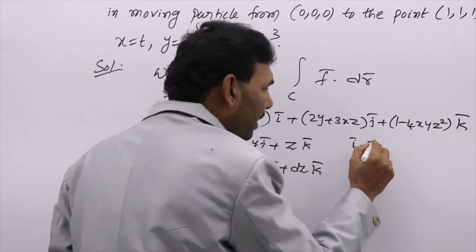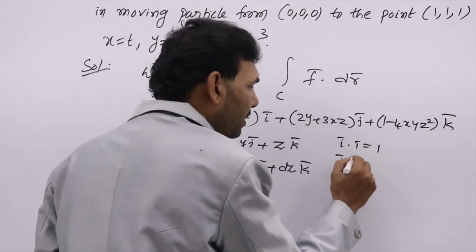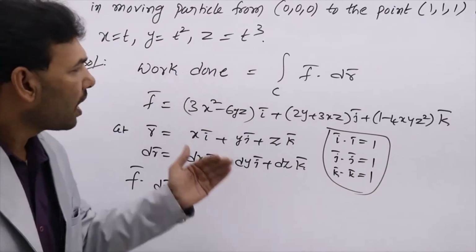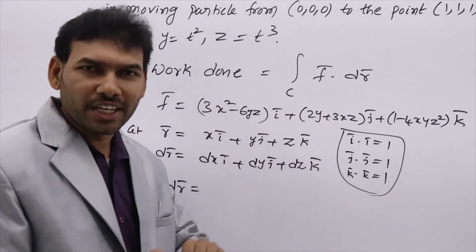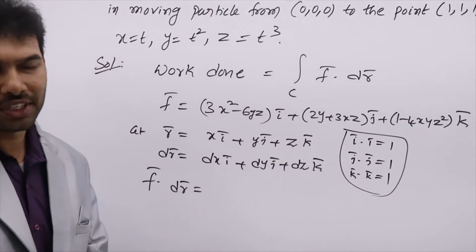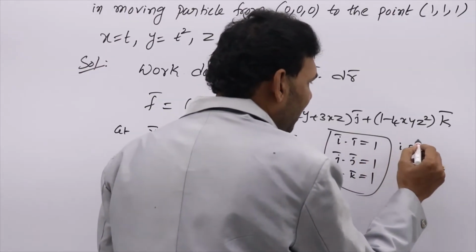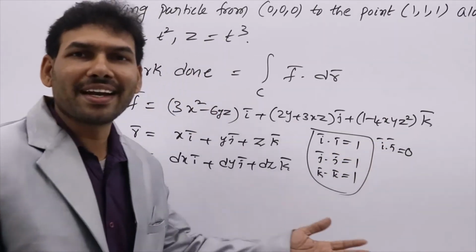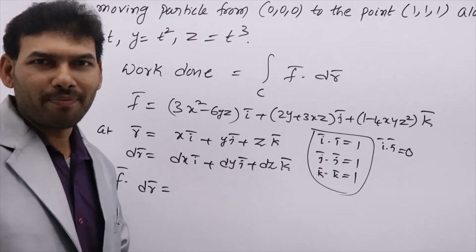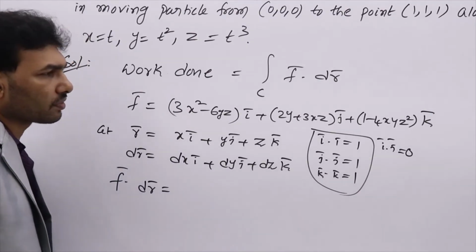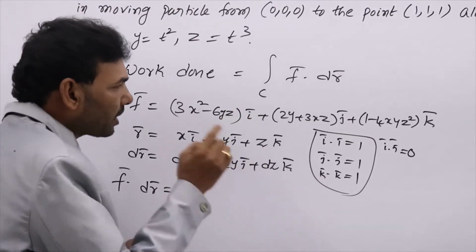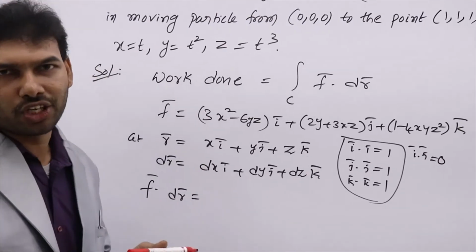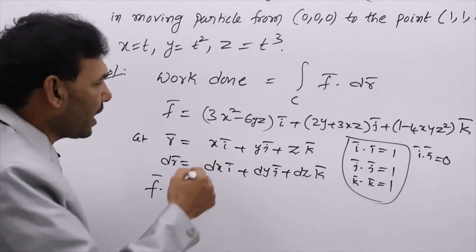Because i bar dot i bar is 1, j bar dot j bar is 1, k bar dot k bar is 1, we multiply i coefficient with i coefficient, j coefficient with j coefficient, k coefficient with k coefficient. i dot j or i dot k will be 0, j dot i is 0, k dot j is 0. So now we are going to multiply i coefficients.